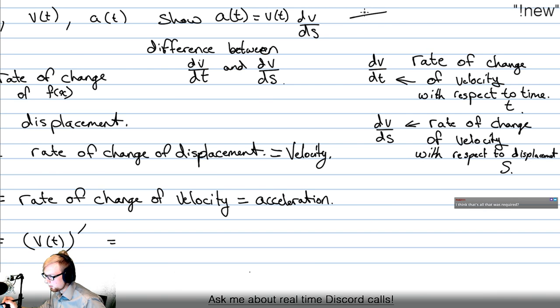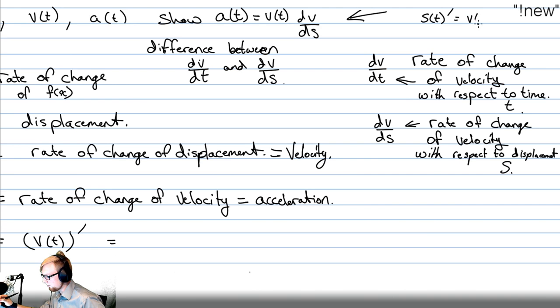Yeah, but you were still wanting to show this, right? So, s of t prime is v of t. Oh, yeah, I guess. Times the dv ds, yeah.